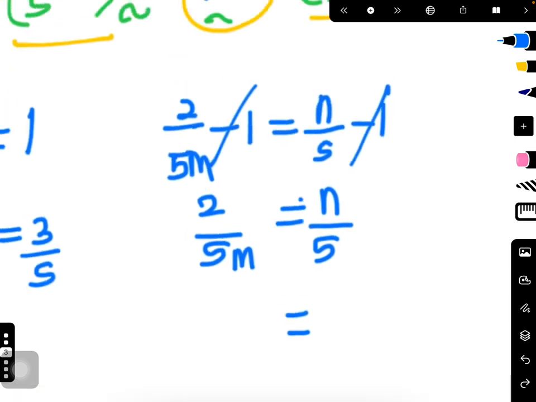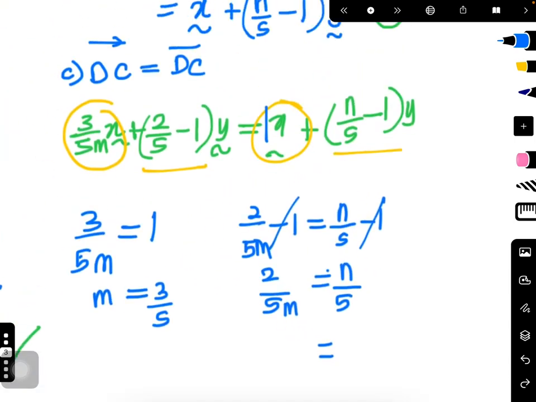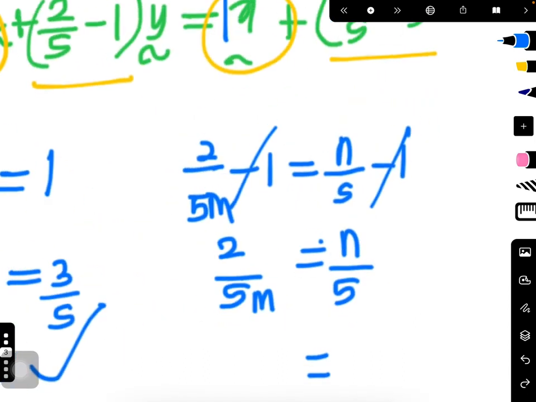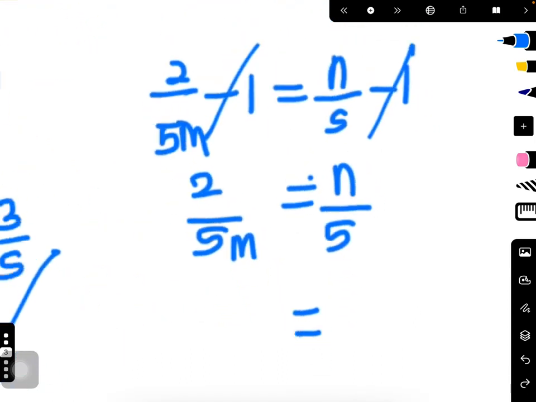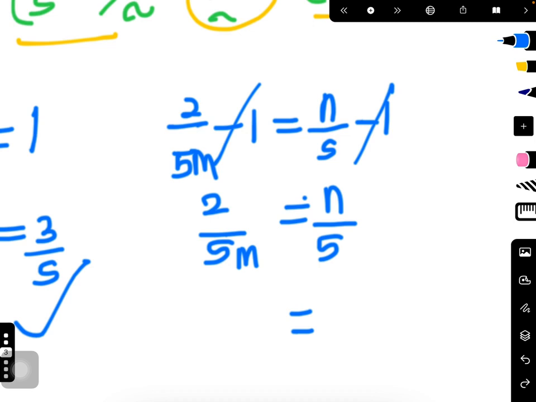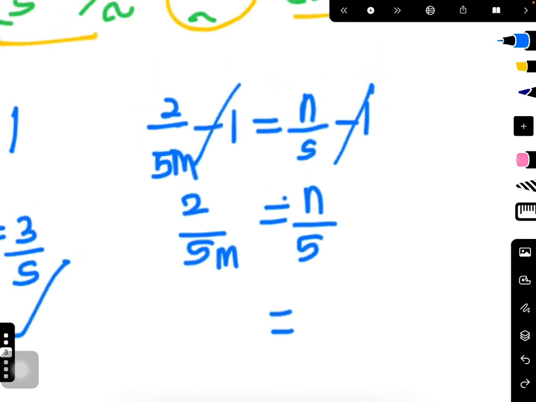Because we get the value of m in fraction, we can remove the fraction. I don't like solving equations in fractions because it is too hard for me, so we can just cross multiply.